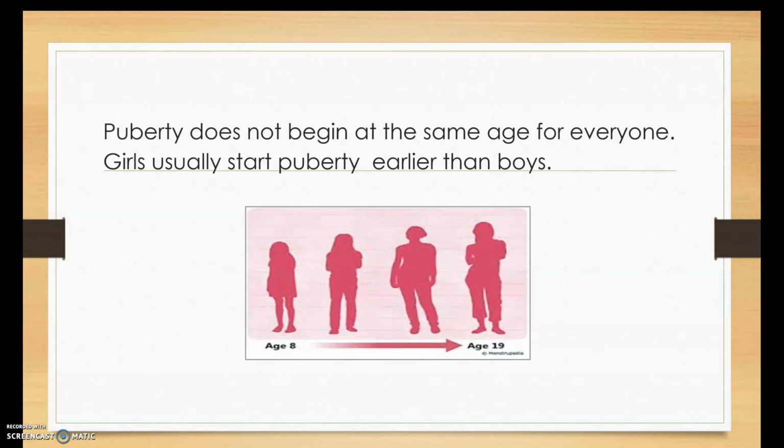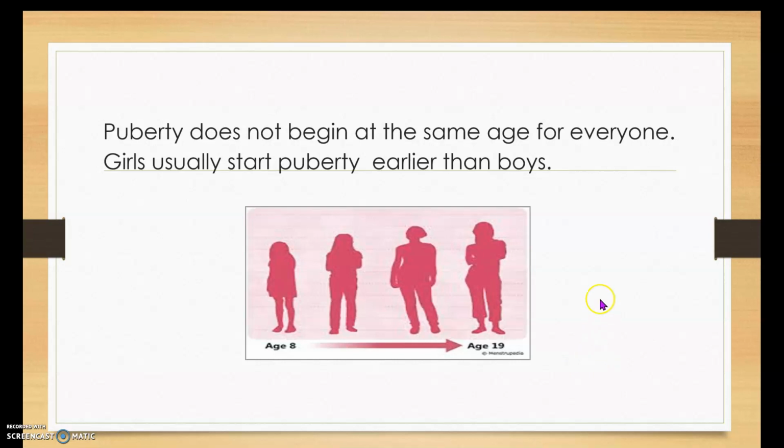Girls usually start puberty earlier than boys. According to the National Institutes of Health, puberty usually begins in girls between 8 and 13 years of age, and in boys between 9 to 14 years of age.